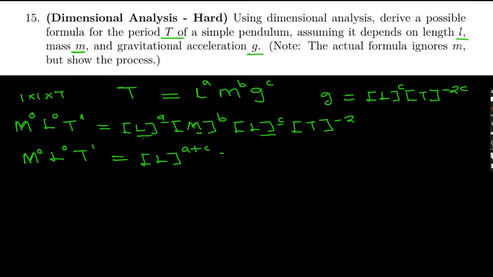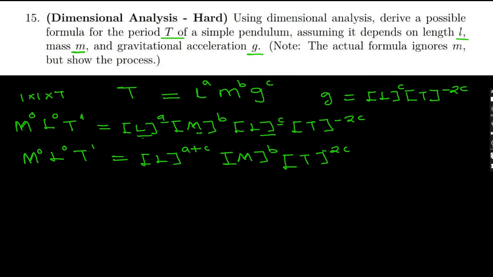We just have a single M there. It is M to the power B. What about here? We have T. Our T is raised to the power -2C, T to the power -2C there.